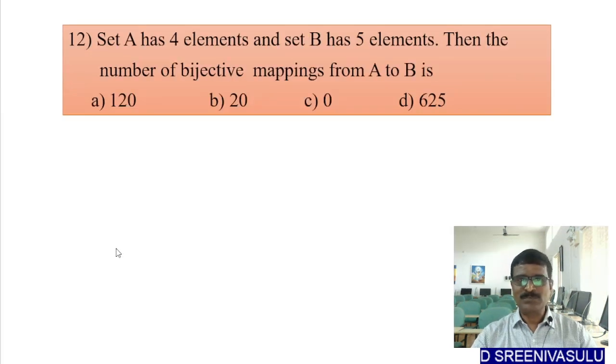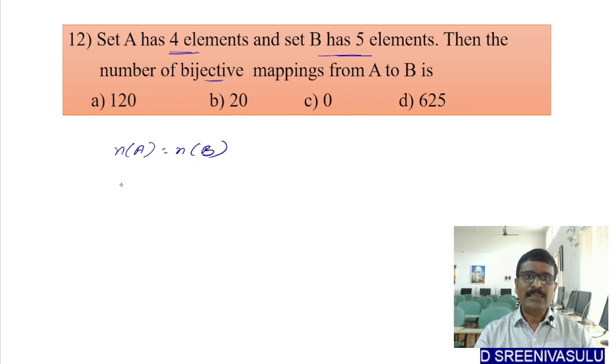Question number 12. Set A has 4 elements. Set B has 5 elements. Then the number of bijective mappings from A to B. Bijective means n(A) is equal to n(B). Here n(A) is given 4, n(B) is given 5.